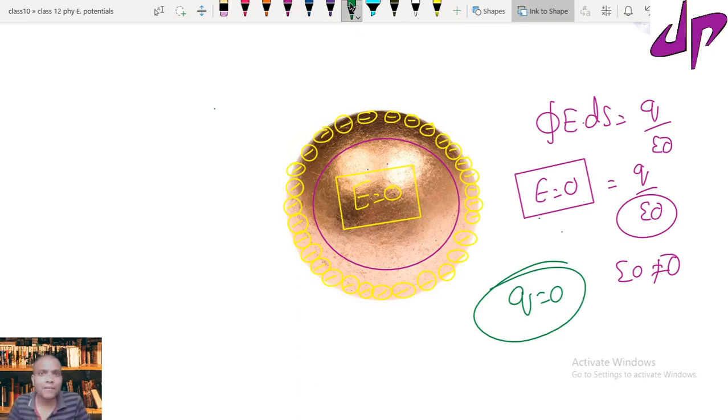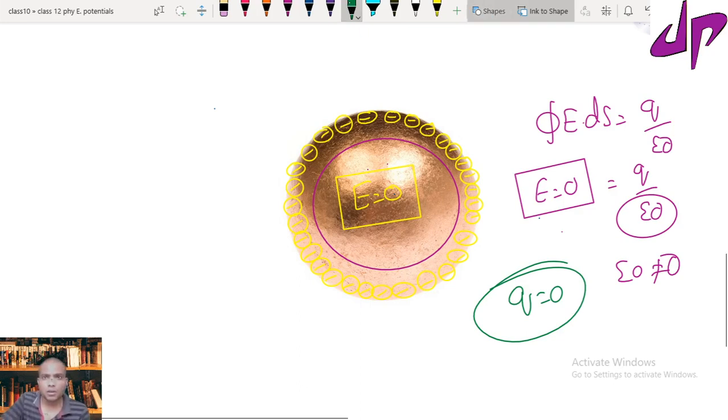That gives evidence of the electrostatic equilibrium property: when we keep a charge on a conducting surface, the charge will be distributed on its edges, uniformly. With the help of that evidence, we conclude that the electric field within the conductor equals 0.